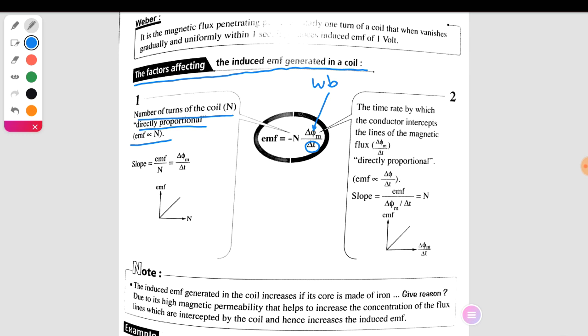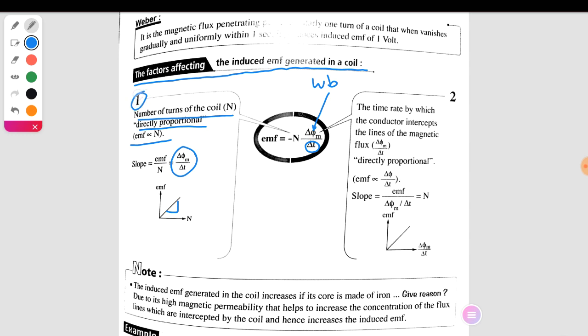The relation between EMF and N can be represented by a straight line. The slope equals tan theta, opposite over adjacent, EMF over N. This means that the slope equals the rate of change of magnetic flux. This is the first factor.